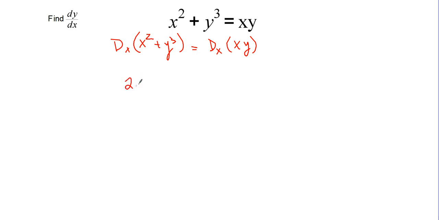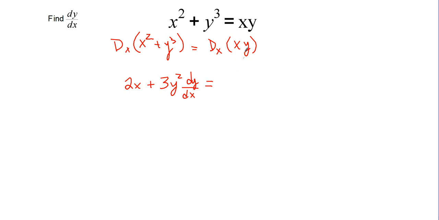That one's just 2x. But if we try to take the derivative with respect to x of y cubed, we have to apply the chain rule and first take the derivative of y cubed with respect to y, which is 3y squared, and then multiply that by the derivative of y with respect to x, giving us a dy/dx term.